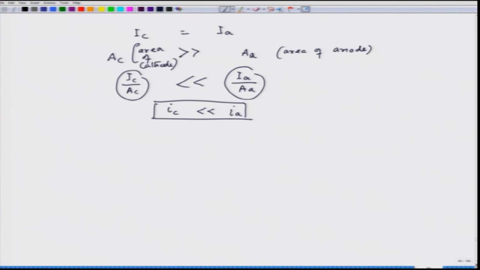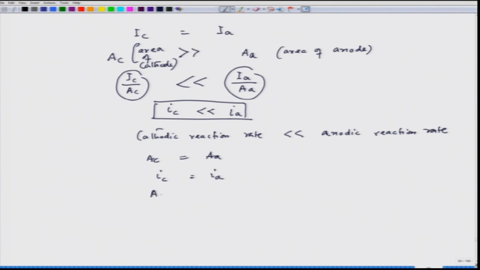Or I would say the cathodic reaction rate is much lesser than the anodic reaction rate. Now, if A_C equals A_A, then I_A equals I_C.